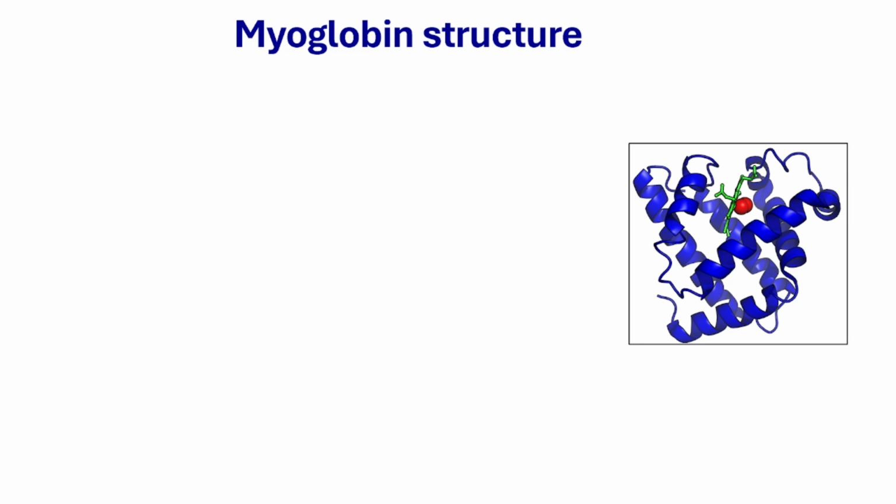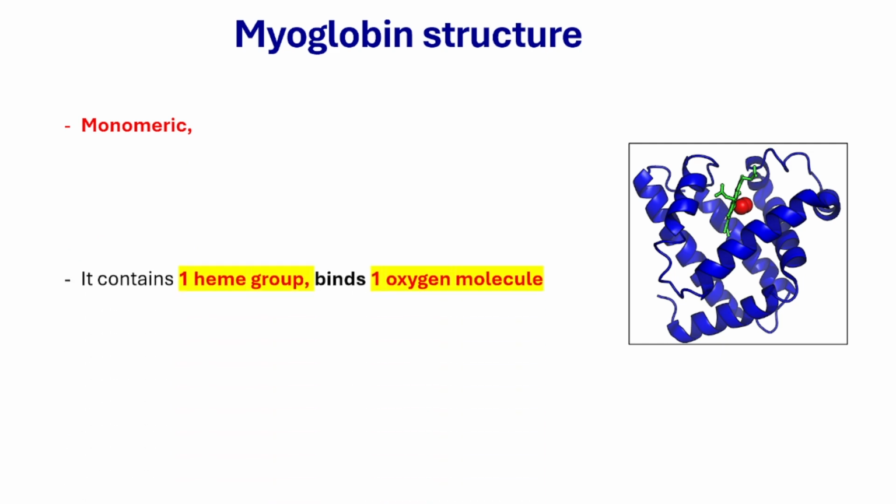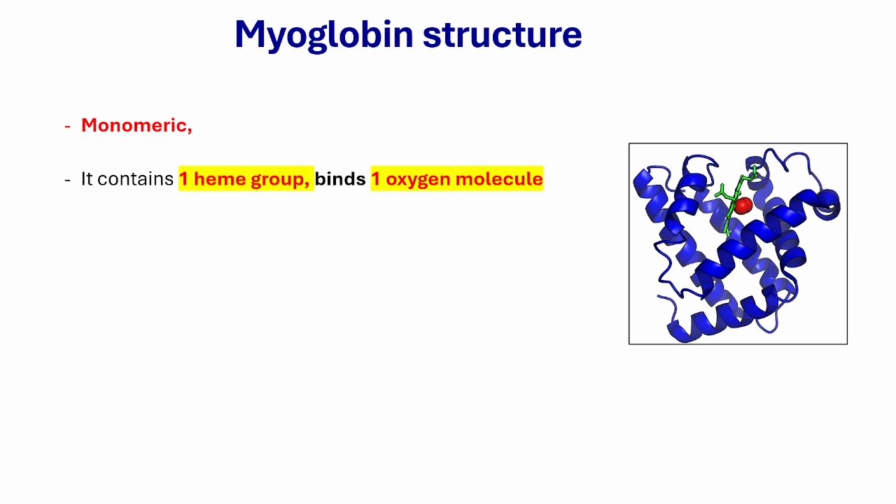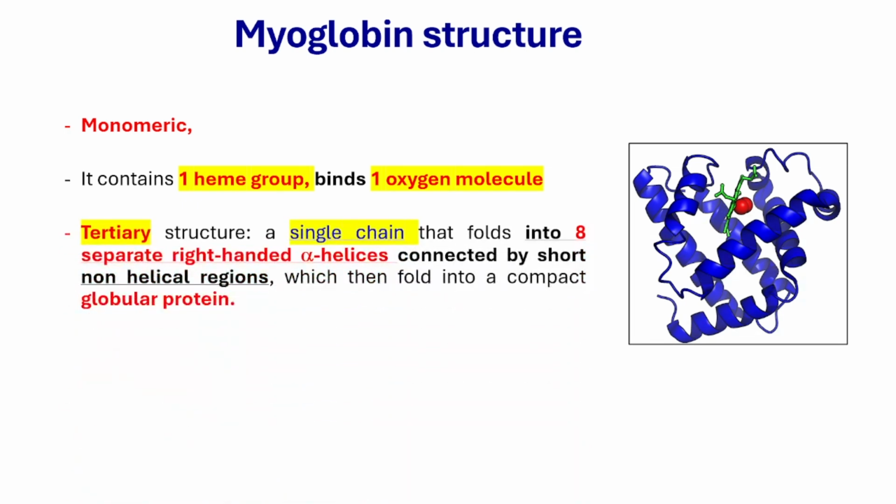For the myoglobin, it is monomeric. It means it is composed of 1 subunit. So this is the structure, as you can see here. You have alpha helices, which are the secondary structure, connected by non-helical regions which connect the helices together.